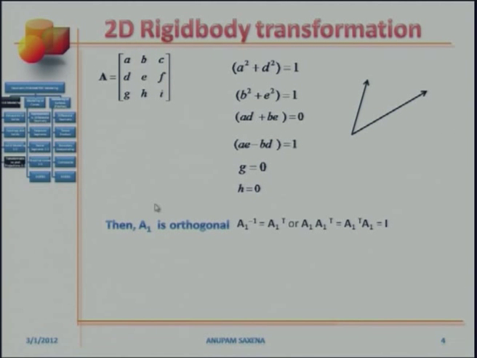In other words, the inverse of this 2 by 2 matrix A1 was the same as the transpose of the matrix, or A1 times A1 transpose was the same as A1 transpose times A1, and this was equal to a 2 by 2 identity matrix.